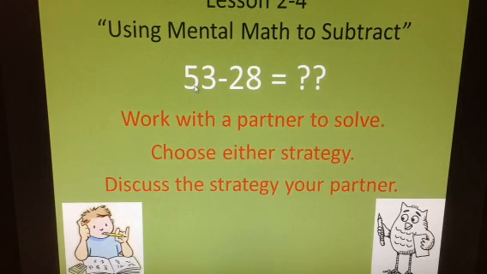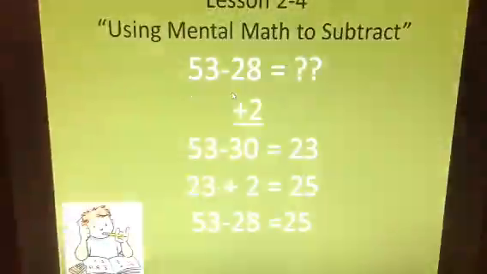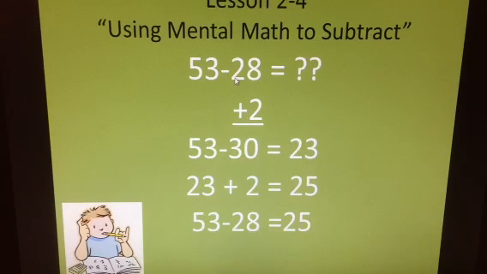Here's another one to think about, 53 minus 28. Pause the video to try to solve this using either strategy. Well, here's the boy's way of solving it. He would add 2 to 28 because he said 28 is close to a nice easy number to subtract. It's close to 30. So he did 28 plus 2, got 30.